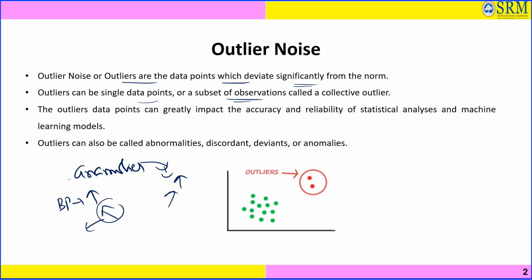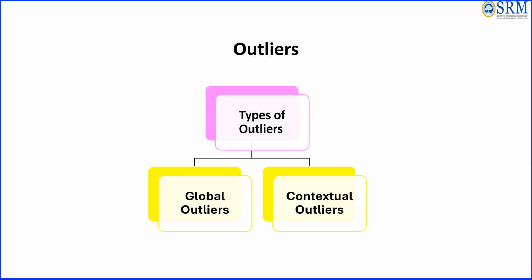Outlier data points can greatly impact accuracy and reliability, and outliers can also be called abnormalities, discordant deviants, or anomalies. Whether it is serious or not serious, we have to find from the data. So there are two types of outliers. One is global outliers, another one is contextual outliers.